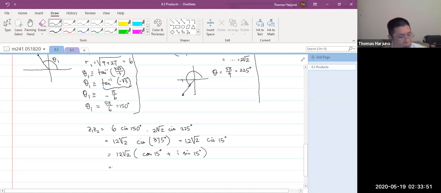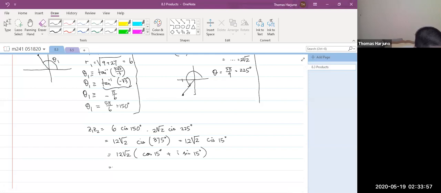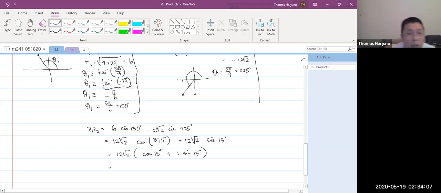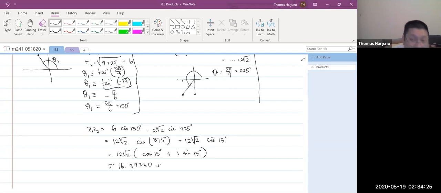Okay, let me use my calculator. Cosine 15 degrees times 12 times radical 2, I get 16.39230, plus 12 times radical 2 times sine 15 degrees.